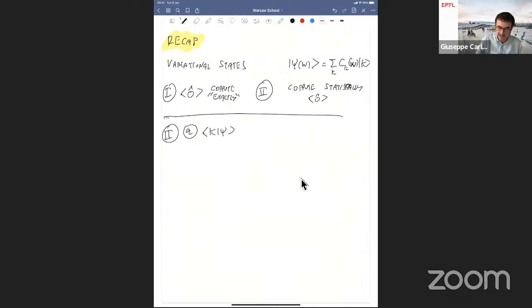The first one is that you are able to compute the amplitudes of these states efficiently over a given basis element K, and then you're also able to sample from this probability density, that is the Born distribution, psi of K squared, essentially.